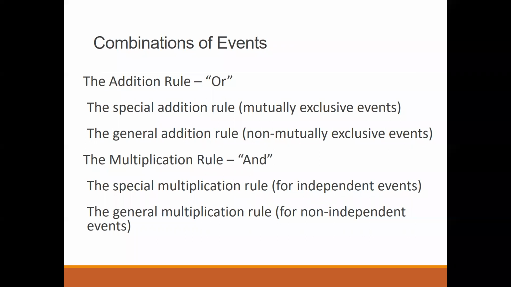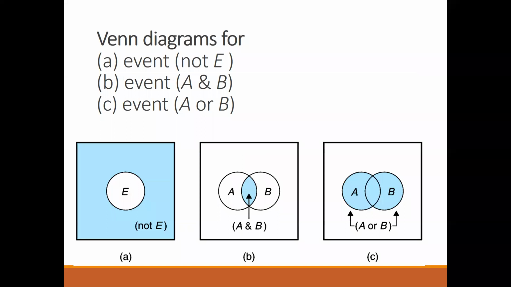Now let us look at the Venn diagram for NOT, AND and OR. This is how it looks. Here we have two events. The first one is NOT E. If the circle represents the event E, the other part in the square represents NOT E. Similarly, if we have two different events A and B, the intersection of these two events gives me A and B, where things are common between the two sets or events.